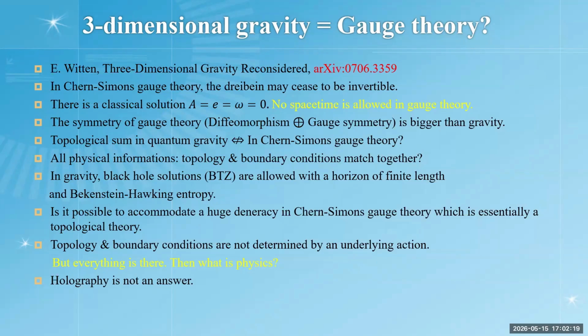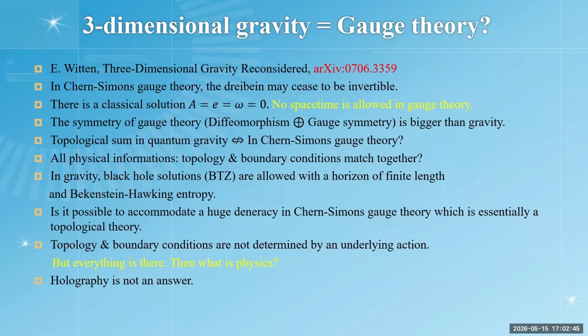Then the question is, this topology and boundary conditions are not determined by the underlying action, right? Topology and boundary conditions are determined by the problem solver, right? You choose a specific topology and you just impose boundary conditions. So everything is there, at least in the three-dimensional theory. And my question is, what is the physics?